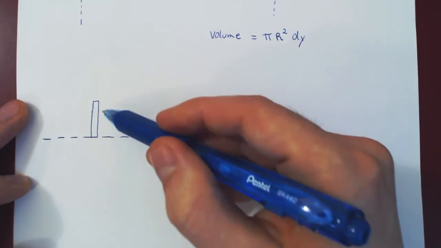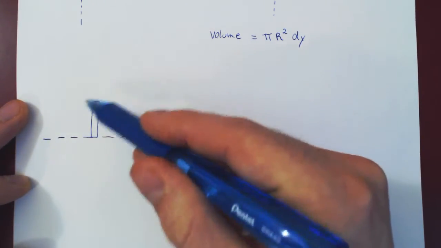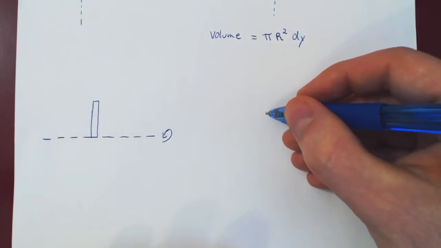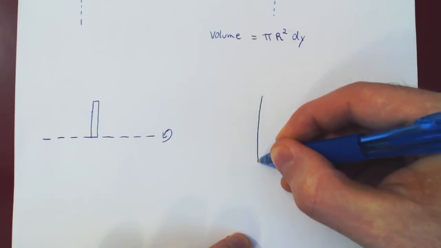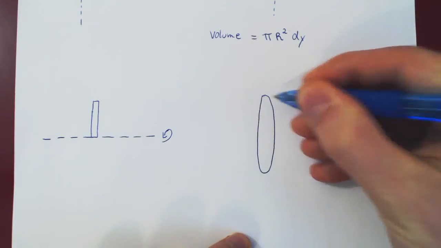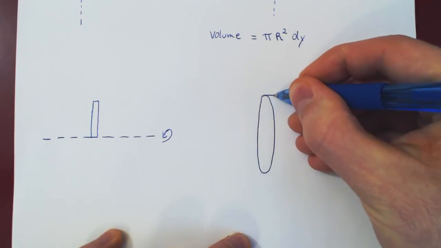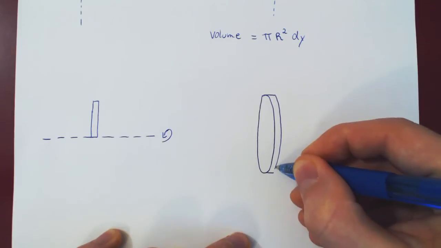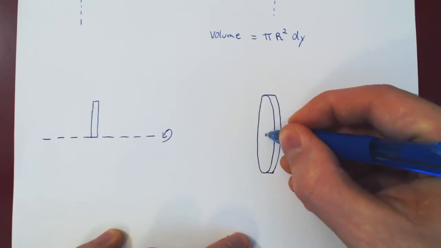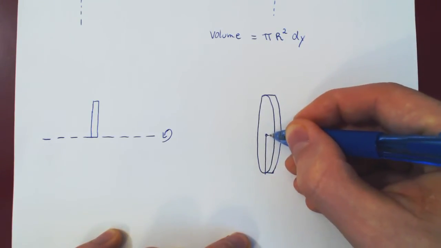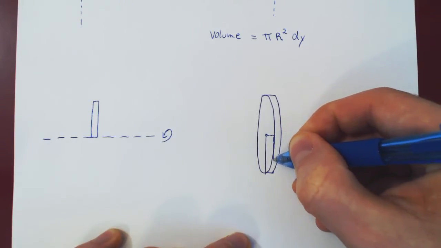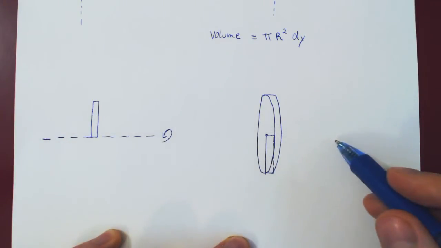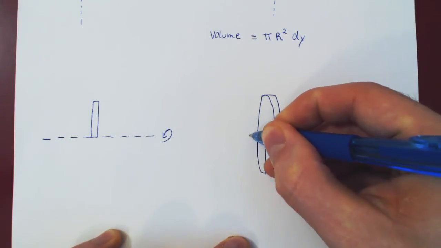And once again, you can imagine if you revolve this rectangle about the axis, it will produce a disk, but now standing up. And again, you can see the axis of revolution going through your disk.